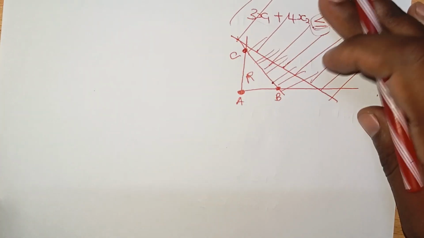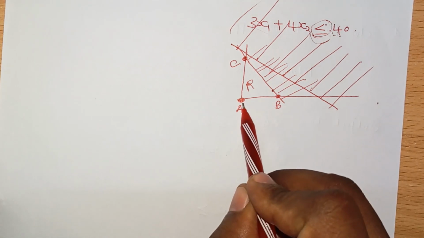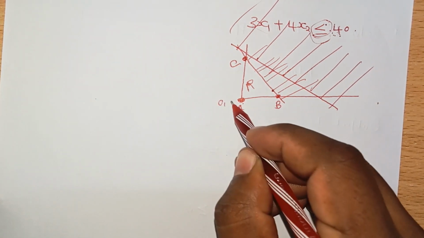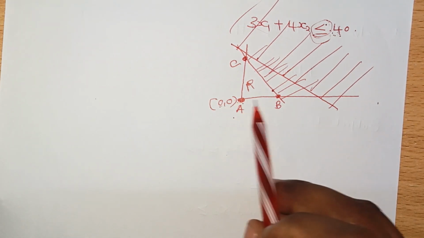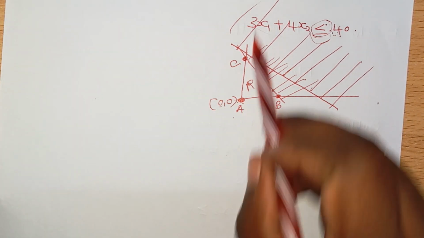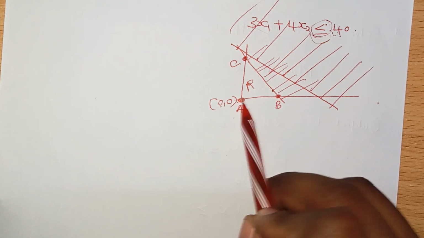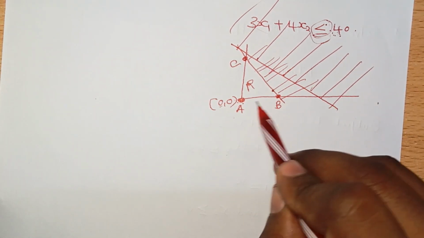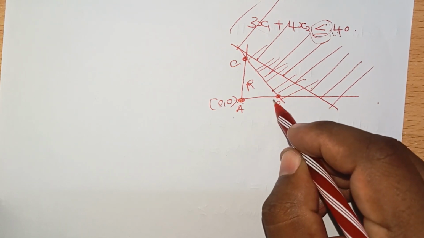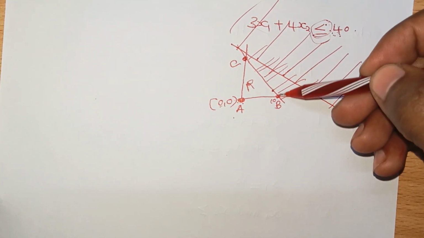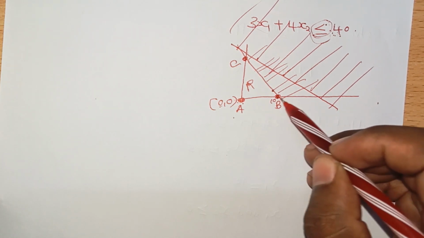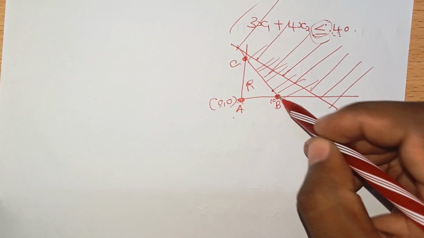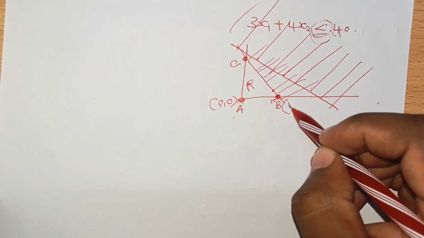In this case, assume this is our graph, and this point A, obviously because it is the origin, the coordinates are supposed to be 0, 0, meaning on the x-axis it is 0, on the y-axis it is still 0. At point B, let us assume this point stands at 10, and once you move upwards, you can see that this point is still at 0. So the coordinates for point B are 10, 0.